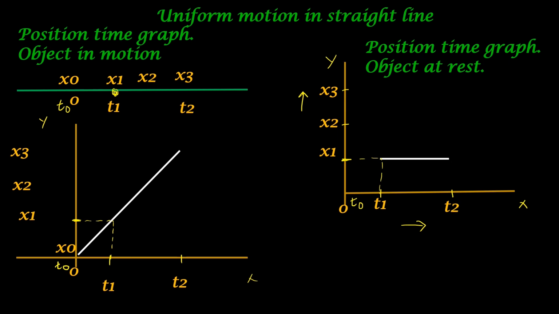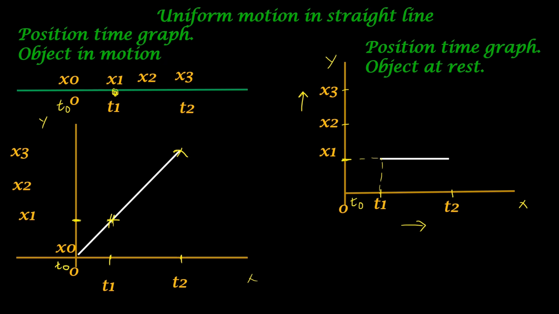Then at t2, the object is at x3. So these points are marked first and then connected by a straight line. The shape of the graph is a straight line at an angle to the x-axis, that is, inclined to the x-axis. Compare this with the graph that we obtained for the object at rest. You will understand it better.